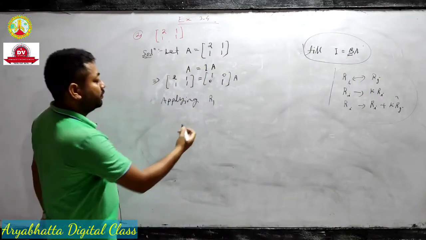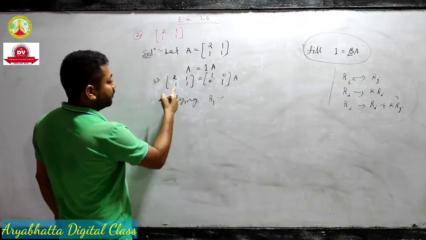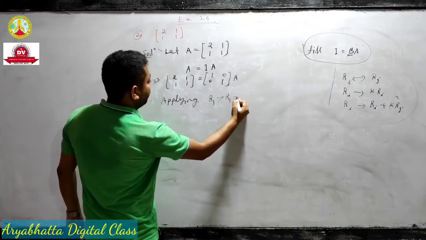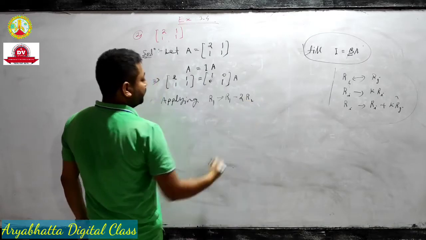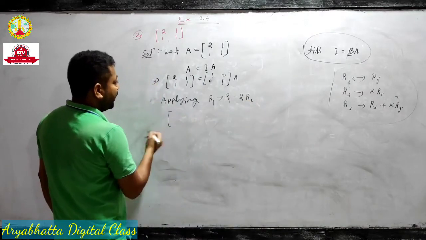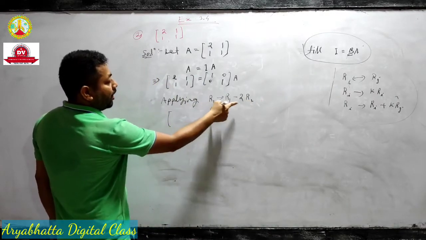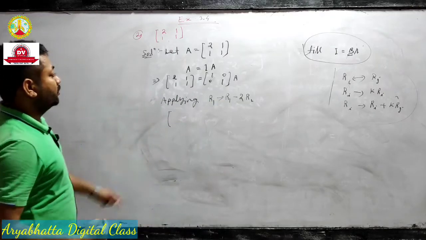So we apply R1 tends to R1 minus 2 into R2. Then we have R1 tends to R1 minus 2 into R2.